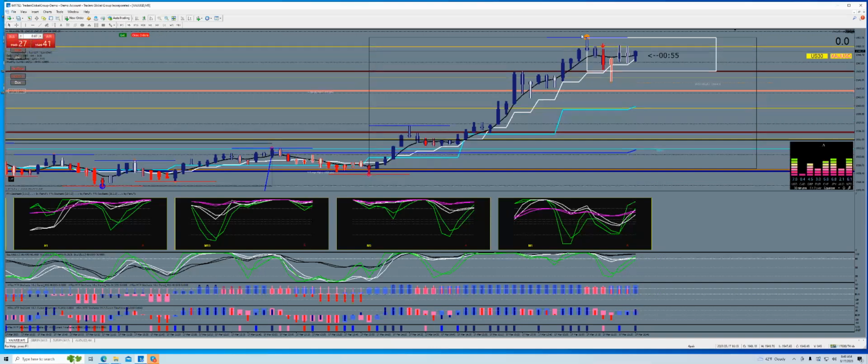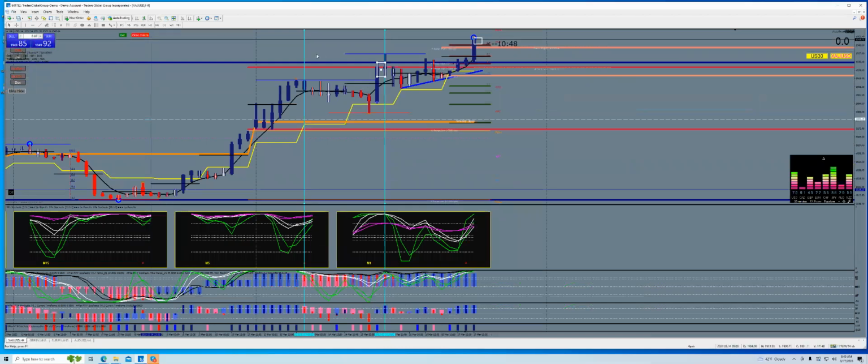I'm starting to get into the habit of making sure, when I'm looking at a pair, that I put my range after a big move, especially on the higher time frame, because that range will give me steady opportunities back and forth for as long as that range lasts.